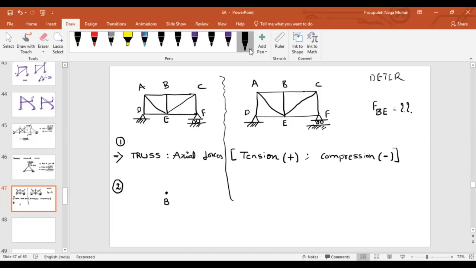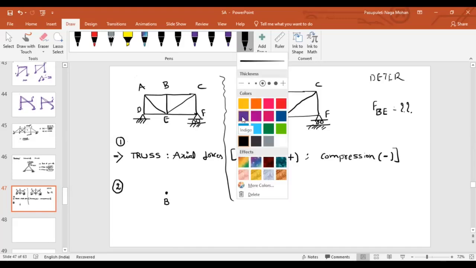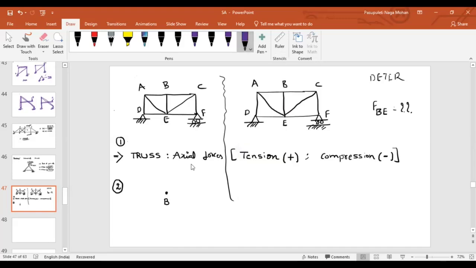So the next thing is how to represent that tensile force. First thing is that if I want to represent a tensile force in BC, what should you do? First, draw an imaginary line along the member BC, and then represent a force that is away from the joint.